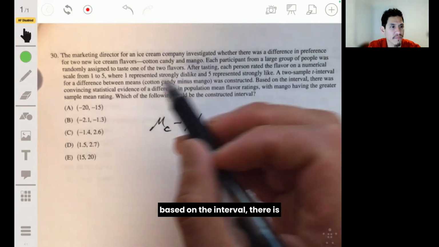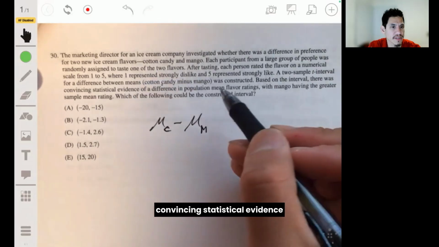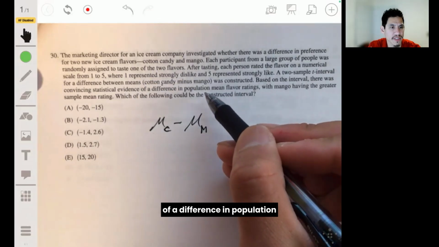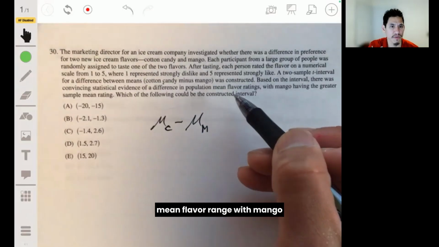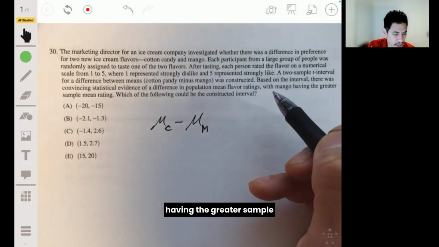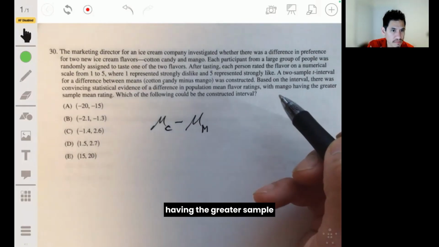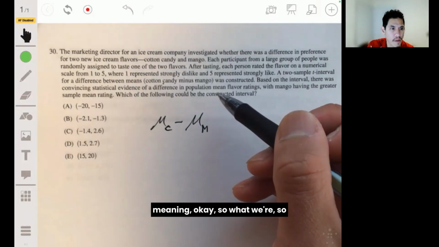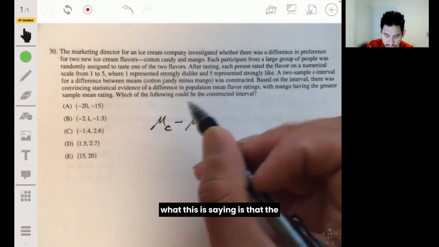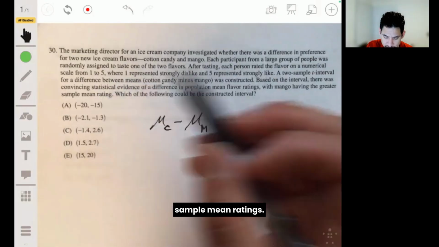Based on the interval, there is convincing statistical evidence of a difference in population mean flavor ratings, with mango having the greater sample mean.